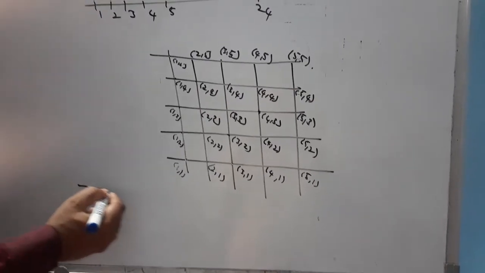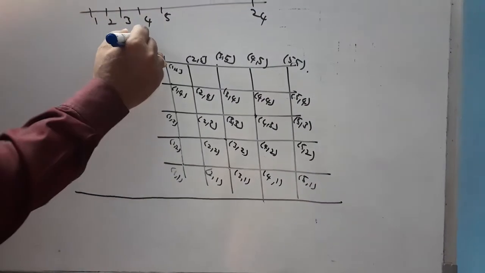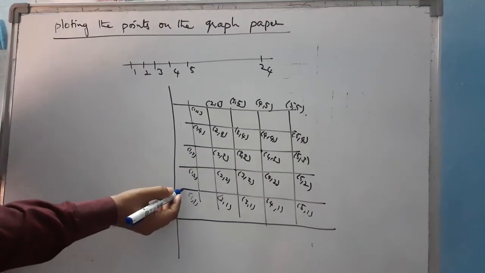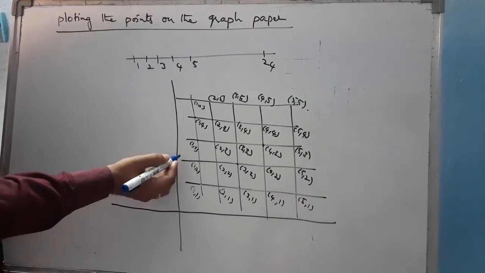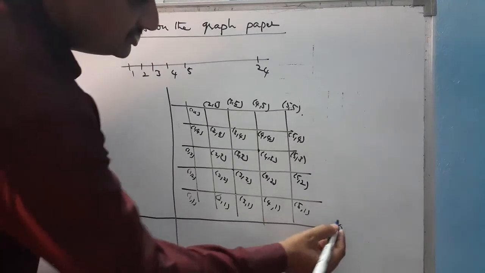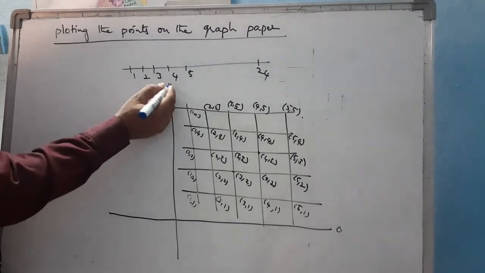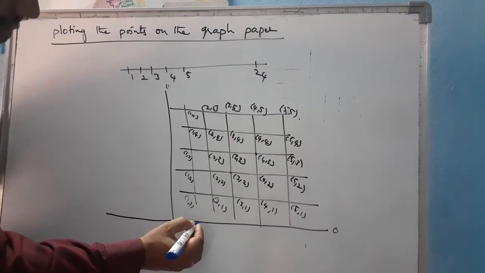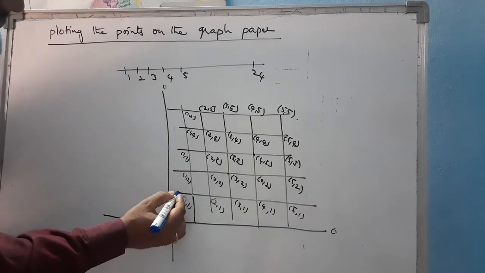So here I am taking the horizontal line and one vertical line. This is named as the first row, second row, third row, fourth row, fifth row. Now we take this as the 0th row, and this as the 0 column. Here we can join this.